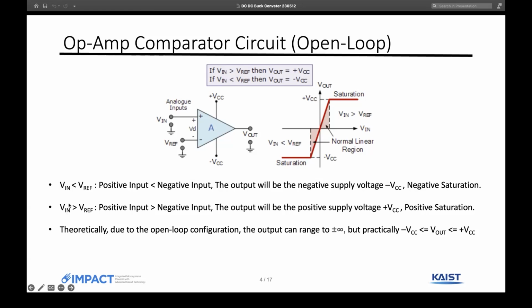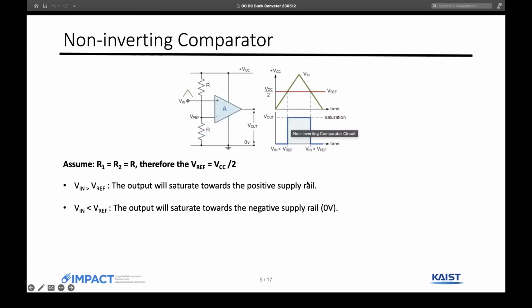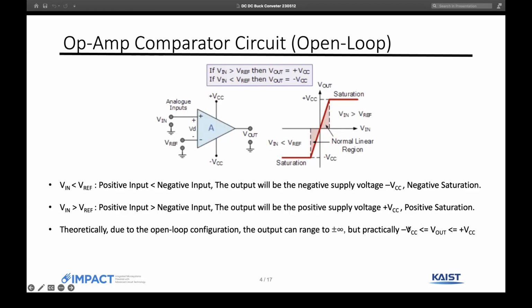In contrast, if Vin is greater than Vref, then the positive input is greater than the negative input, and the output will be the positive supply voltage plus VCC, and we have positive saturation. Theoretically, the output can range to plus minus infinity, but in practice the range is limited, and the graph looks somewhat like this.